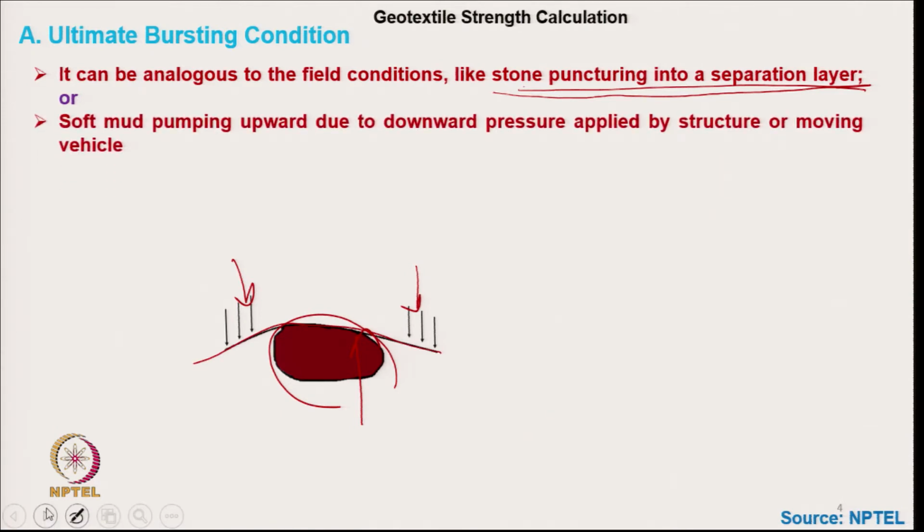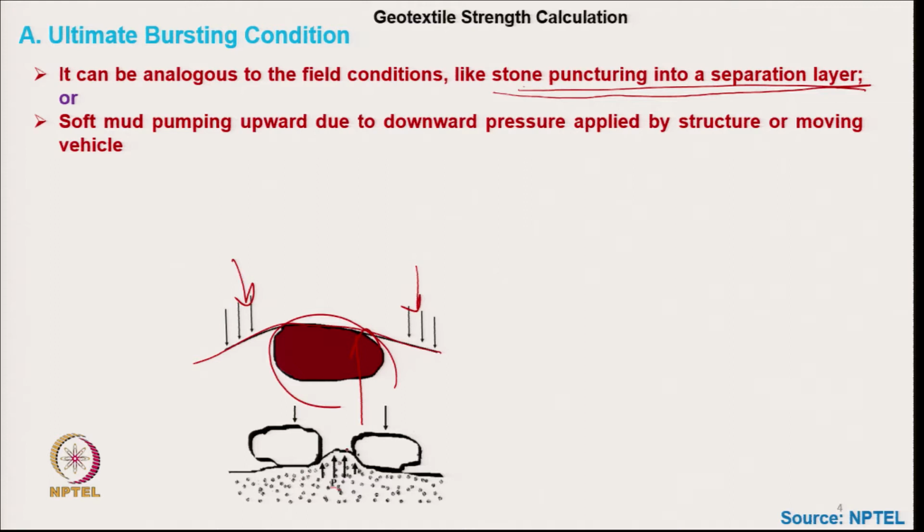Or there may be another situation where soft mud is pumping upward due to downward pressure applied by the structure or moving vehicle, that I have already explained in the last slide. So, these two conditions may generate the condition.